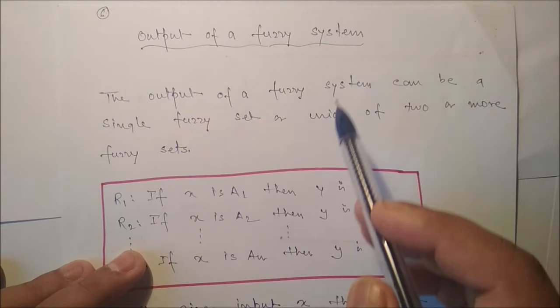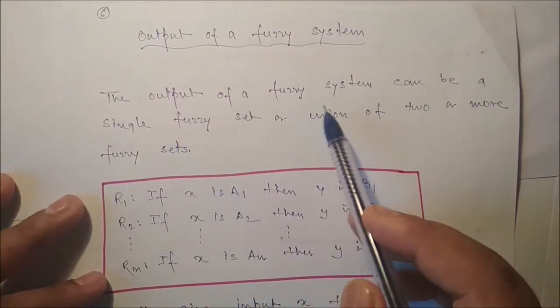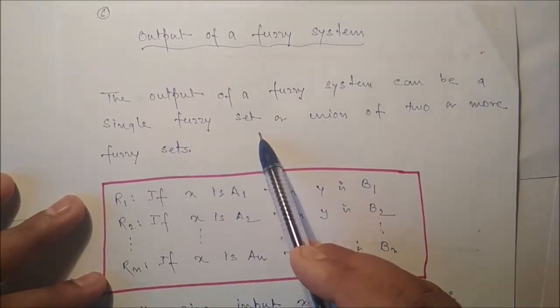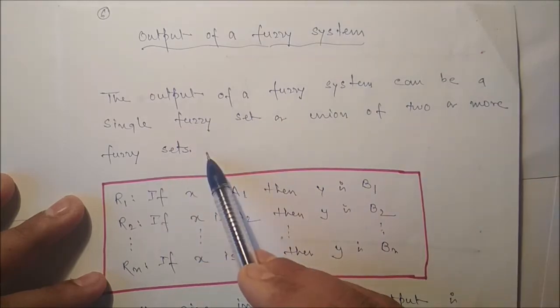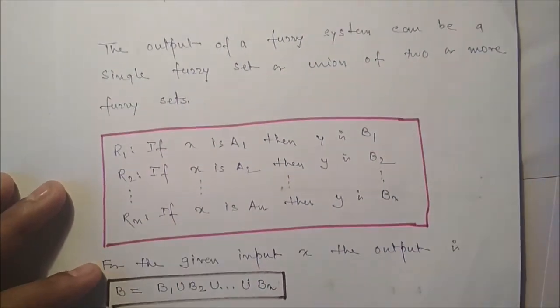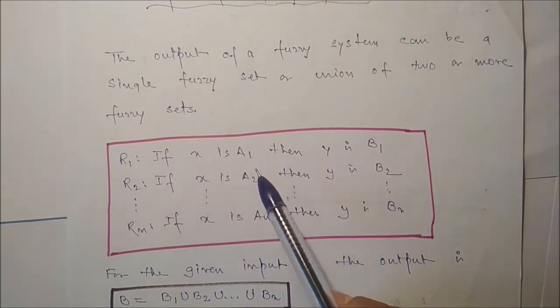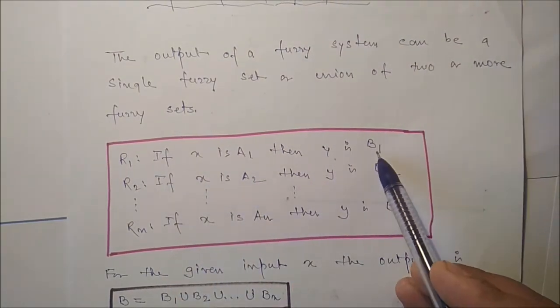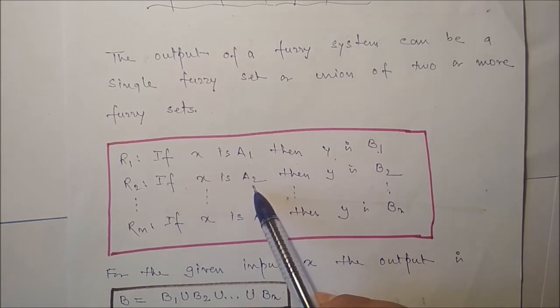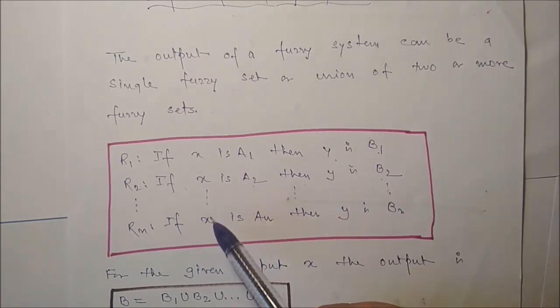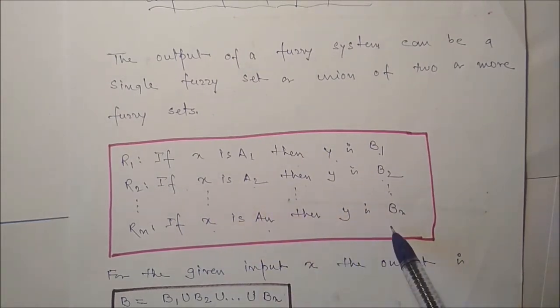Next, output of a fuzzy system. The output of a fuzzy system can be a single fuzzy set or the union of two or more fuzzy sets. So we can see here, say a number of rules are there. If x is A1, then y is B1. If x is A2, then y is B2. Like this, if x is An, then y is Bn.